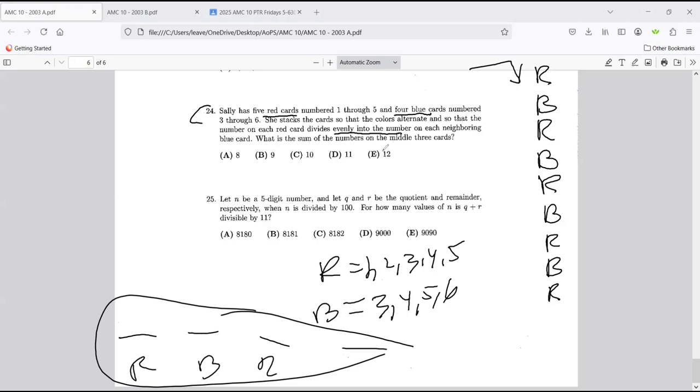The red card has to divide evenly. What is the sum of the numbers on the middle 3? First, that would be these 3. You can think about what it means to divide a number. Are there any numbers among the blue ones that are hard to divide? Are there any numbers among the red that automatically divide everything?